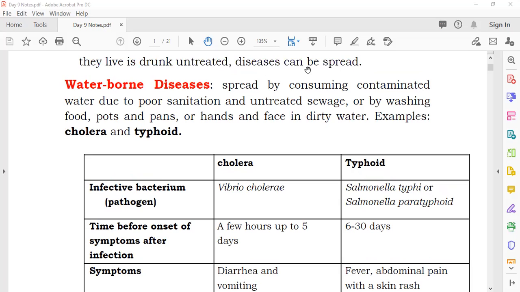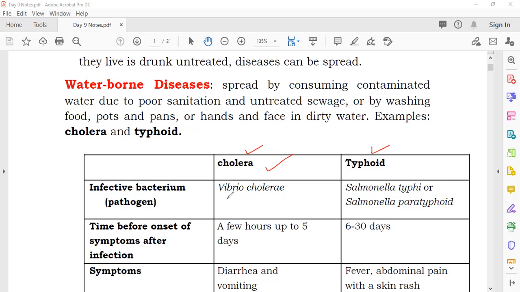Here they're giving a comparison of typhoid and cholera, and we will discuss them. First of all, we will discuss the bacterium which is responsible for each disease. For example, for cholera, you will find Vibrio cholerae.